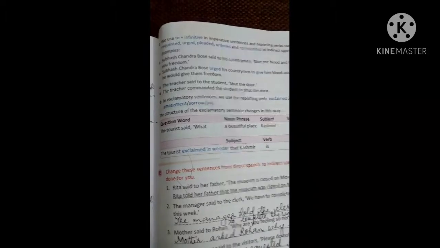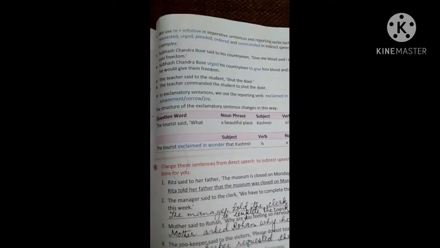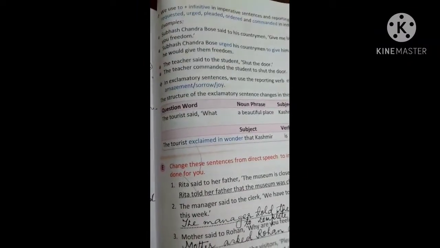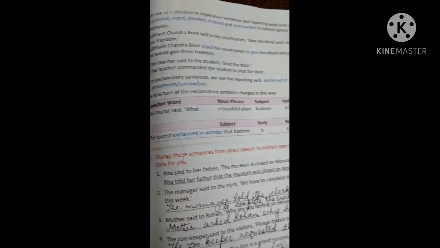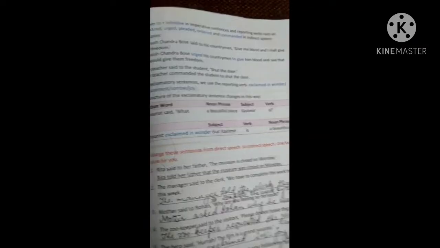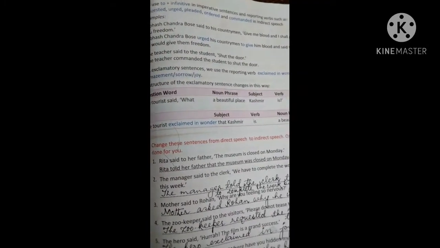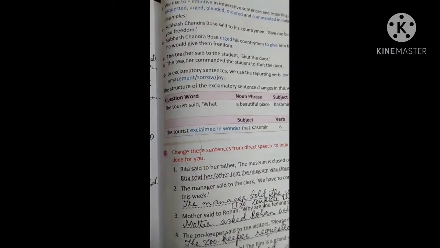Here simply to, infinitive to, and then the verb directly. Okay, as the example given here, Subhash Chandra Bose said to his countrymen, "Give me blood and I shall give you freedom." Subhash Chandra Bose urged his countrymen to give him blood and said that he would give them freedom.